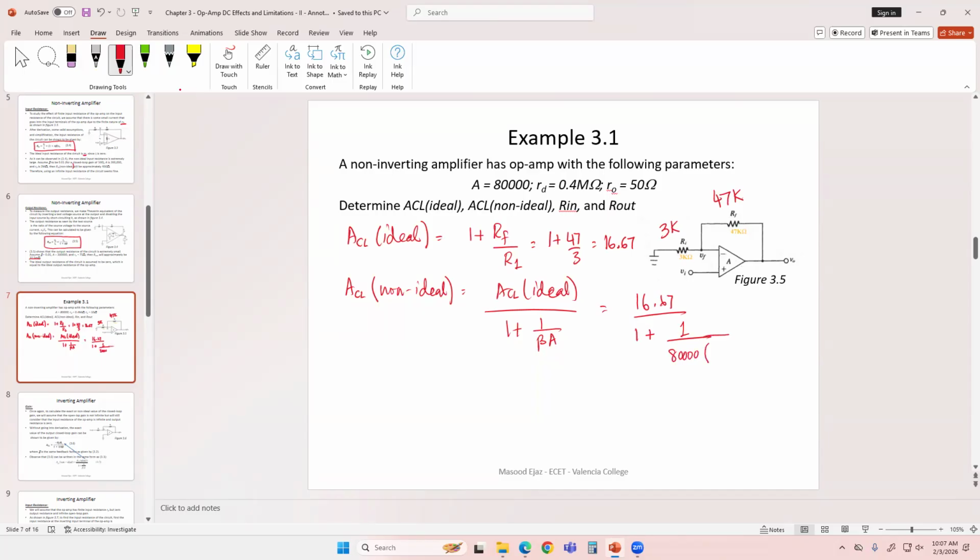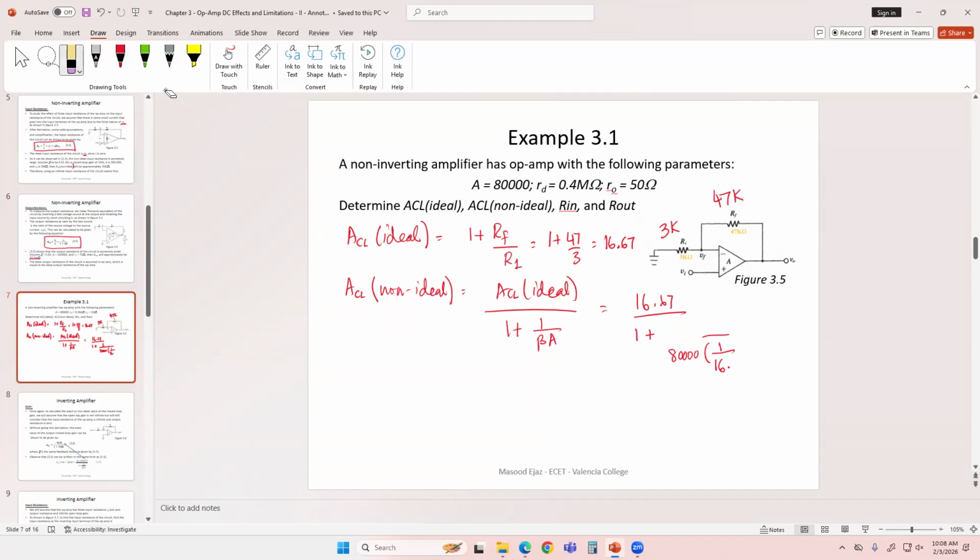And beta is the reciprocal of this gain, right? Gain of your amplifier. So 1 over beta is simply 16.67.